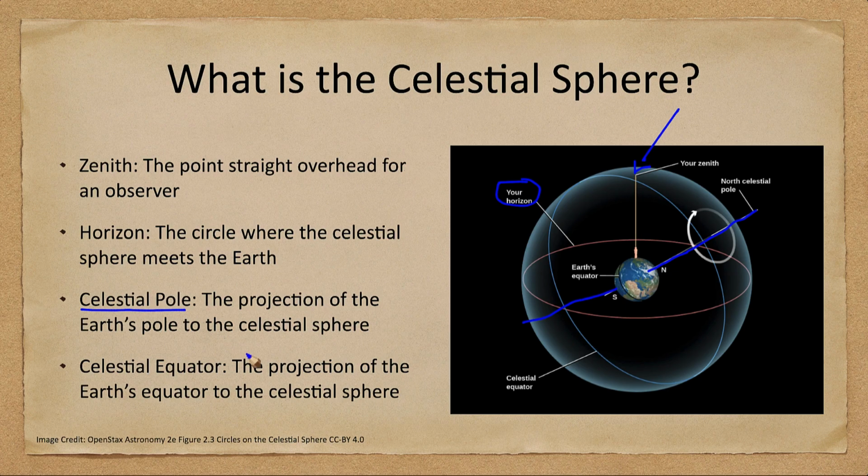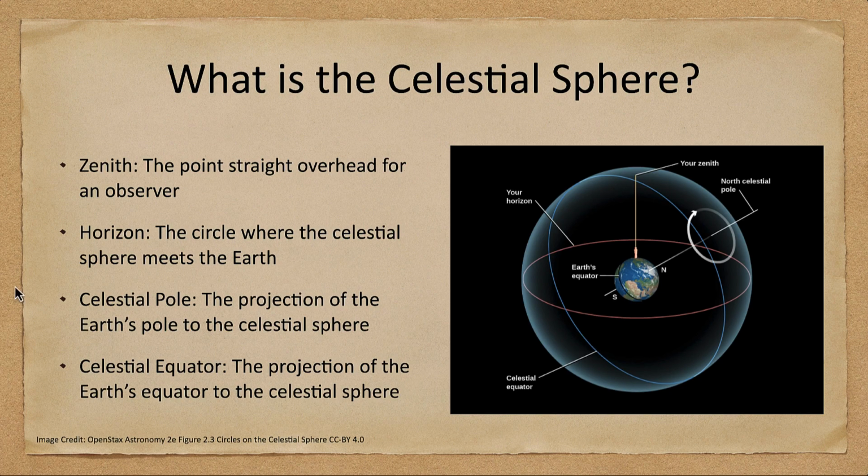And then we have the celestial equator pictured here. That is the projection of Earth's equator. So you take Earth's equator here, imagine that stretched out to the sky, and that would be the celestial equator. So they're all tied into Earth, again, Earth centric observations, but that is how we see things in the sky.